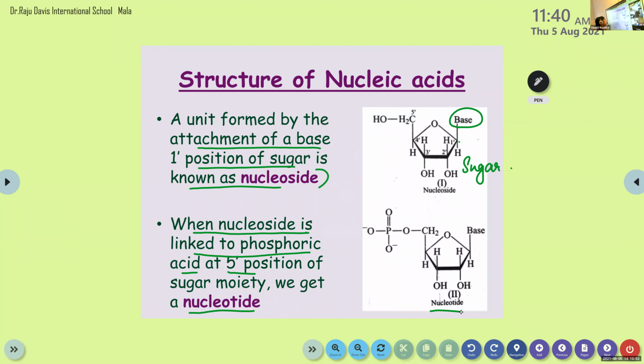A unit formed by the attachment of a base at the first position of sugar is known as nucleoside. Then when the nucleoside is linked to phosphoric acid at the 5th position of the sugar moiety, we get a nucleotide. This is clear?